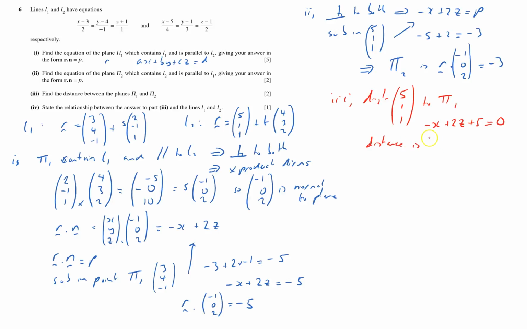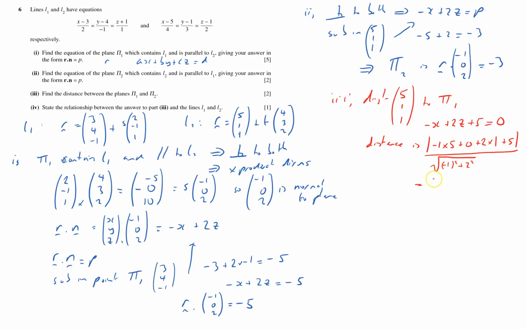And the distance is the modulus of -1 times the 5, plus no y's, so it'll be 0, plus 2 times 1, and finally plus 5, all over the square root of (-1) squared plus 0 squared plus 2 squared.